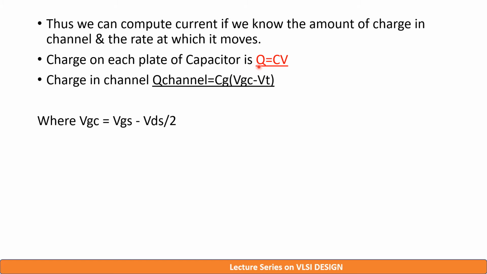Charge on a capacitor is given as Q equals CV. Charge in the channel is nothing but Cg, gate capacitance, into VGC minus VT. VGC minus VT is the minimum voltage required to invert the channel from P type to N type. So gate to channel voltage is VGS minus VDS by 2.